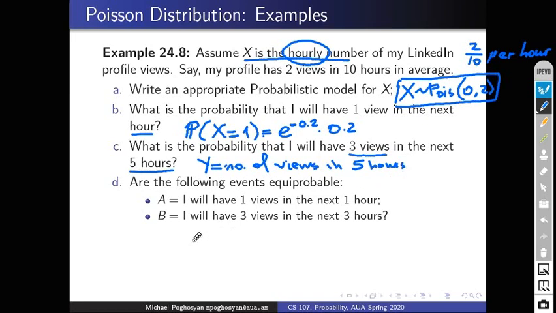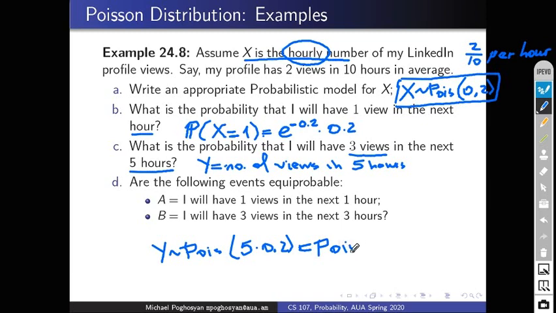So the average number of views in 5 hours is the following. Poisson, because for 1 hour I have 0.2, in 5 hours I will have 5 times 0.2. Or if I have 2 views in 10 hours, then in 5 hours I will have 1 view. So the rate is 1. So this is Poisson 1.